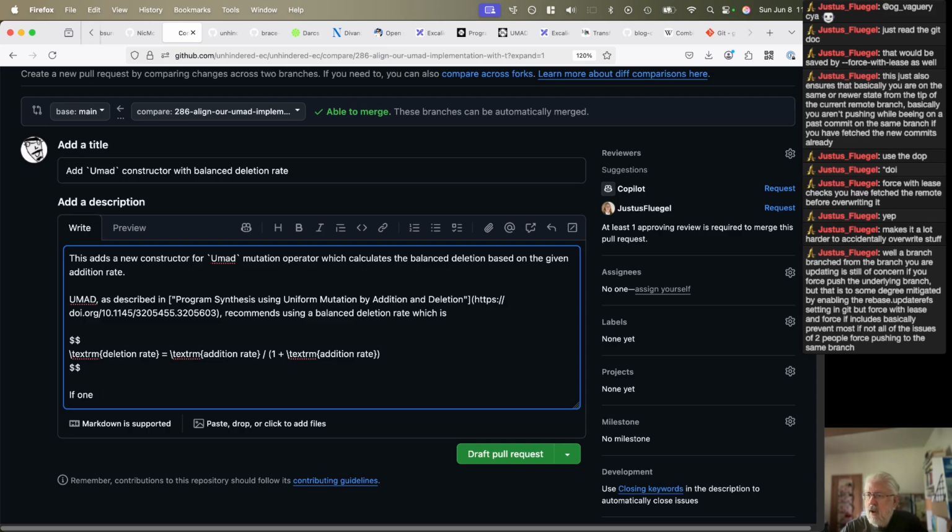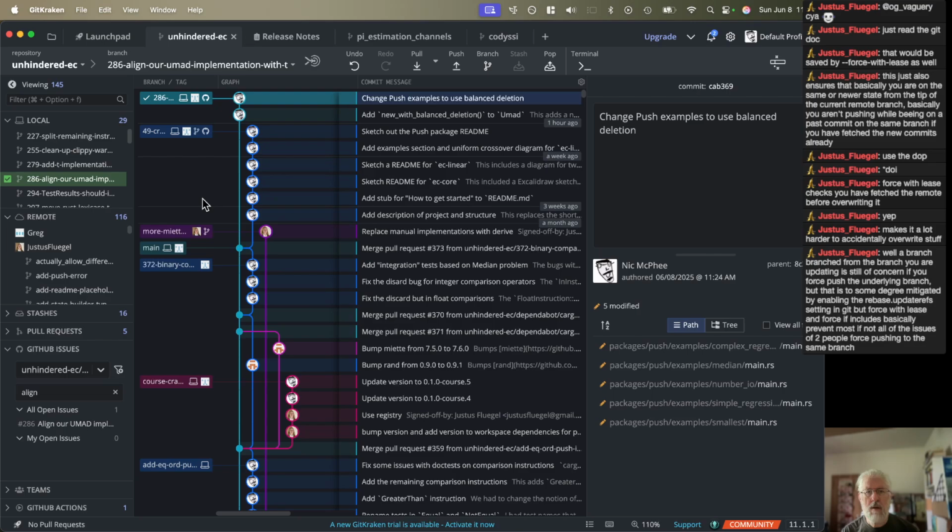So a branch from the branch you were updating, but branching from branches is always a risky business anyway. Okay, so if you use force with lease and force if includes, things are generally safe. Interesting. I wonder, I don't know.